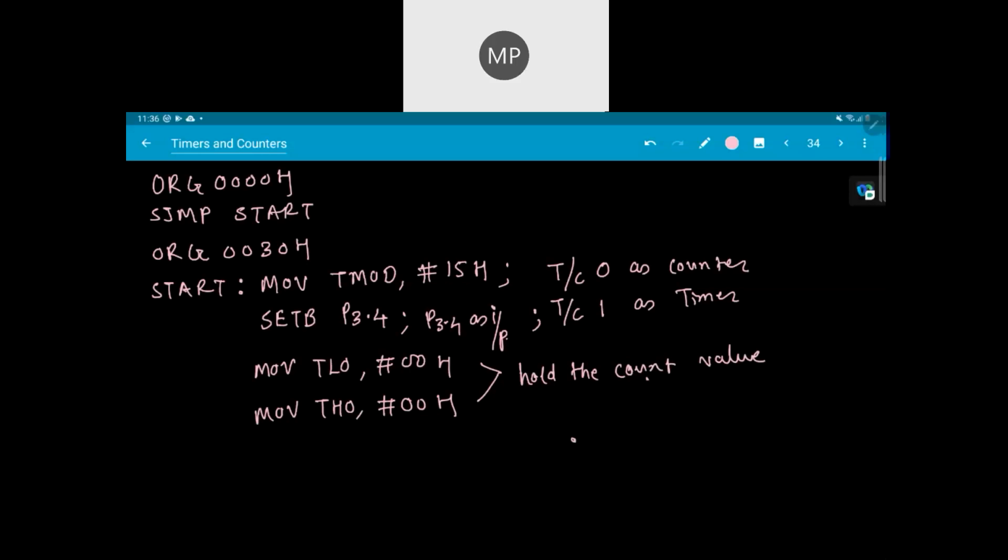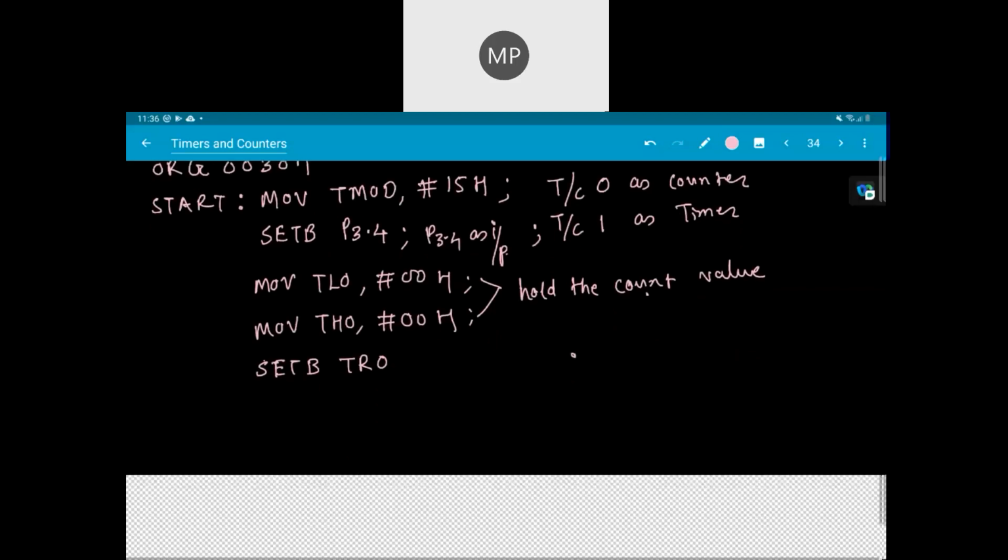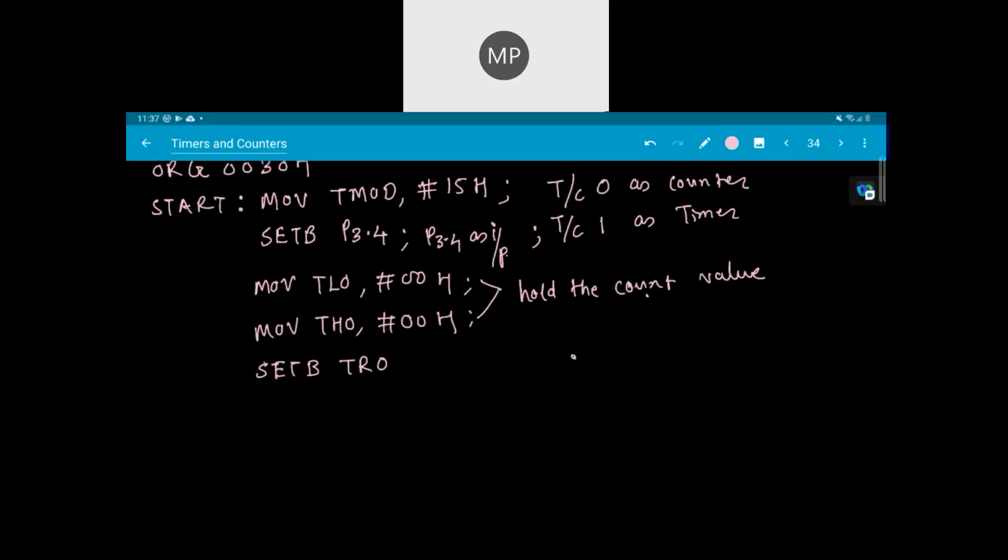After that, tell me, we have to start the counter. So how do we start the counter? Again the same method, that is SETB TR0. Once we set this particular bit, we will start counter 0, right? And after starting, we wait for 1 second. So ultimately we will call a delay.